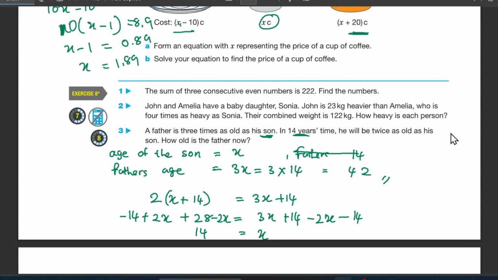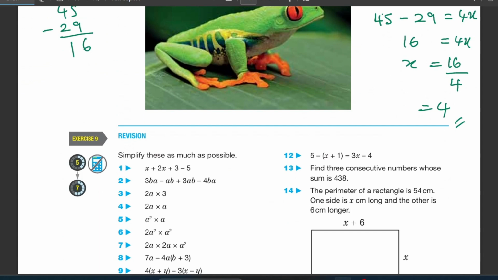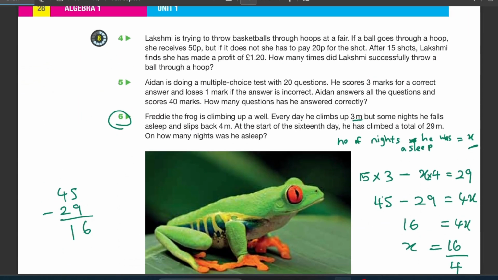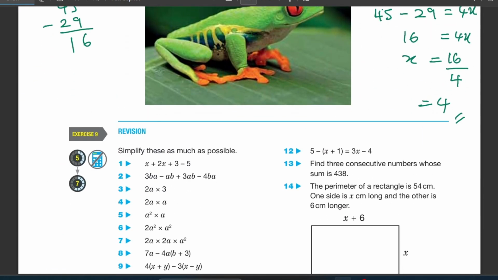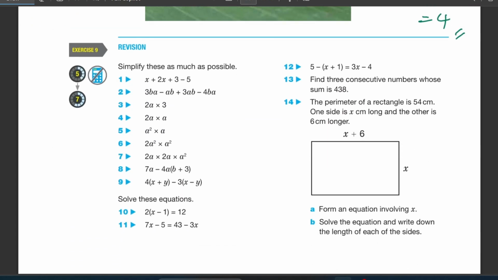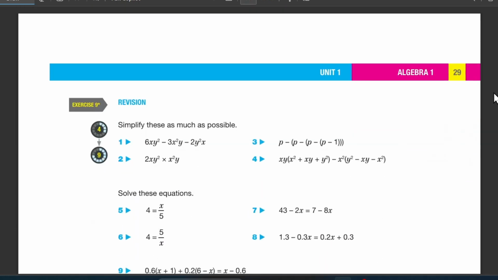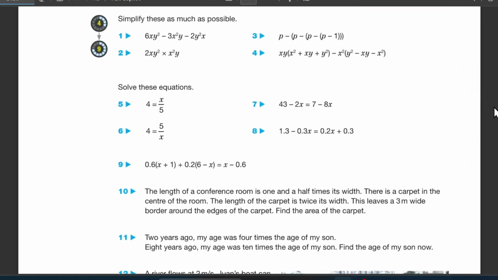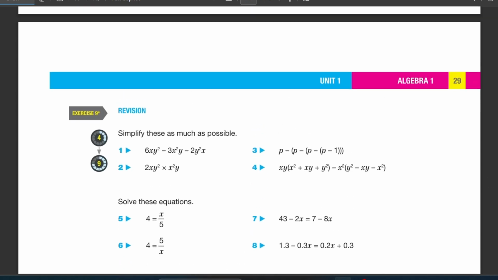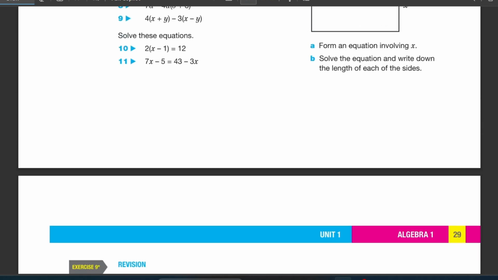Okay, I think with that you got some idea. You can complete the exercise yourself, and here you also have some revision exercises covering all the things we have learned so far together. Try that exercise also, and you can use some online tools to check your answers, like Symbolab.